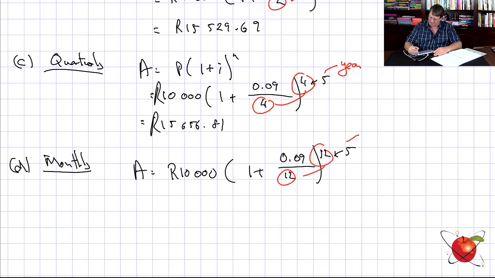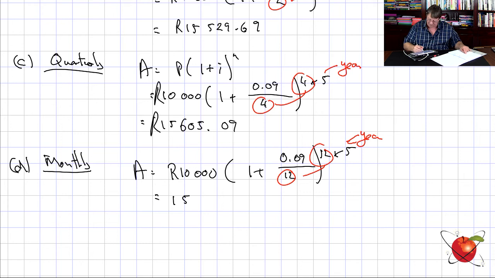There we go. And that's the years there, isn't it? The 5. All right. My actual answer for this one is going to be 15,656. Whoops, hang on. Sorry, 15,605. My apologies. Thank you for correcting me. 15,605.09. This one is the 15,656.81.